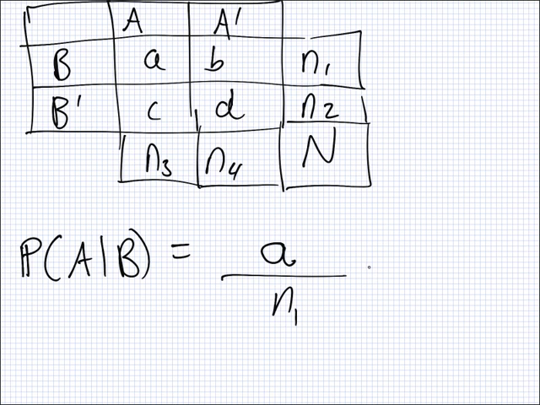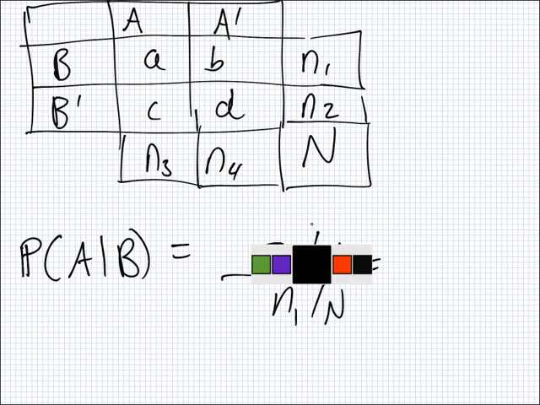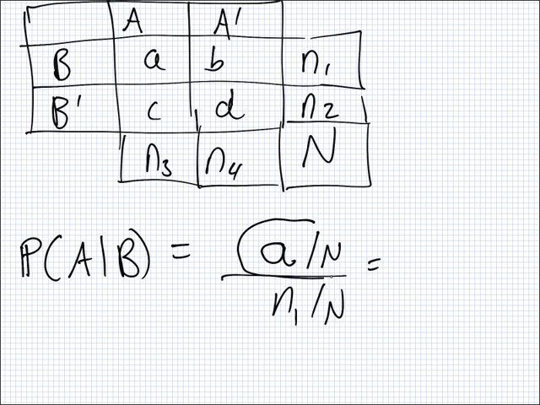Now, watch this, please. As a little algebra trick, I'll just divide the top by n and the bottom by n. The reason I'm doing that is to give us an interpretation of what the top is. This A divided by the total n, what does that represent as a probability? In other words, what probability do I put here so the answer is A over n? A and B. Good. And here, what would this represent?